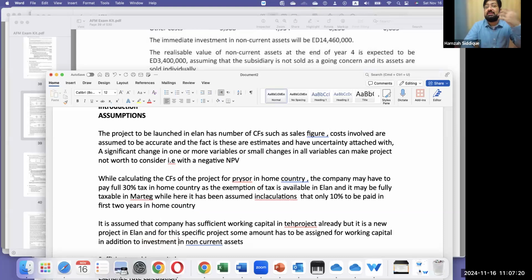Yes. Friend, this is called commercial acumen. And this is called skepticism. How we are questioning their assumptions. Commercial acumen, we are practically telling that 30% tax over there and 10%, hey, you are only accounting for tax 10% in the home country in the first 2 years. Tax exemption is there, but in the home country they charge difference. So the government may say, okay, you have not paid anything over there, bring to pay us 30%.